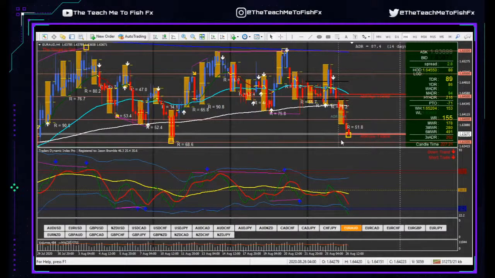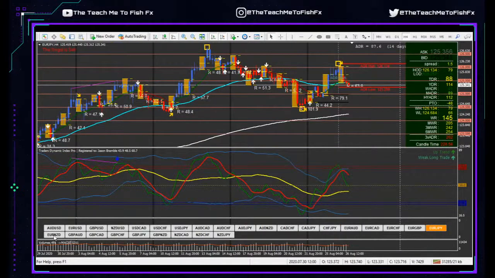Euro Yen, we did get a fresh signal, actually 9 p.m. last night. So this trade is still working itself out, so you may want to keep an eye on Euro JPY. Euro NZD, nothing fresh for this week, still playing off of the trade from last week.